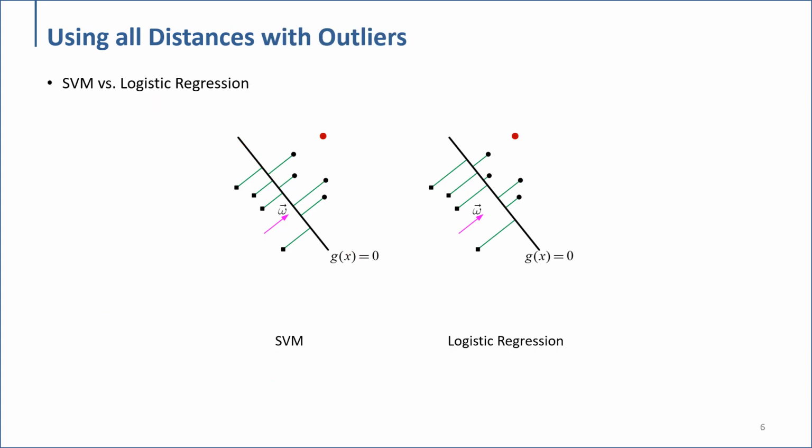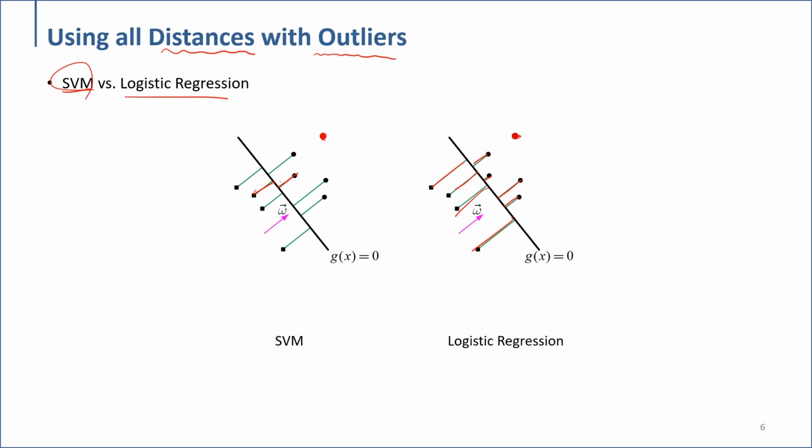So we have learned two algorithms, SVM and logistic regression, that use distance between the data. In the case of SVM, we only measured the two closest data, so these two points are important. But in the case of logistic regression, we measure all the distances from the data. That could be useful, but when we think about the case where outliers exist, let's say these red points are outliers.